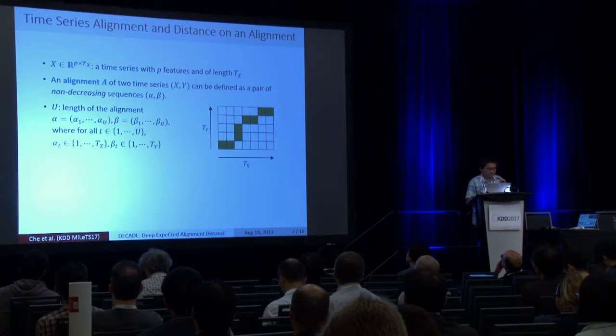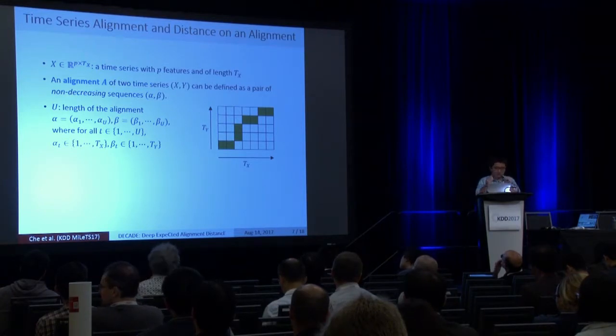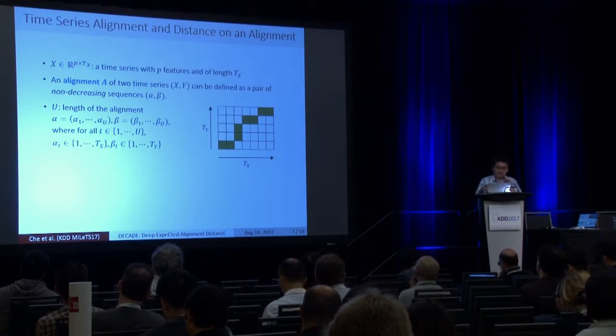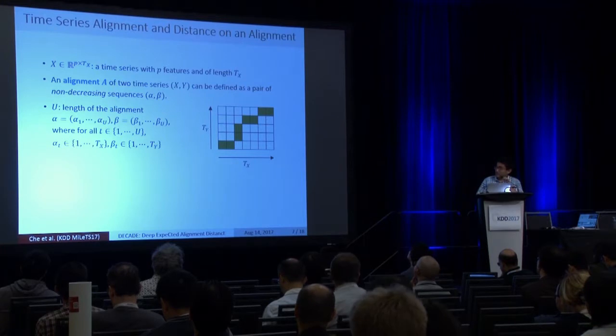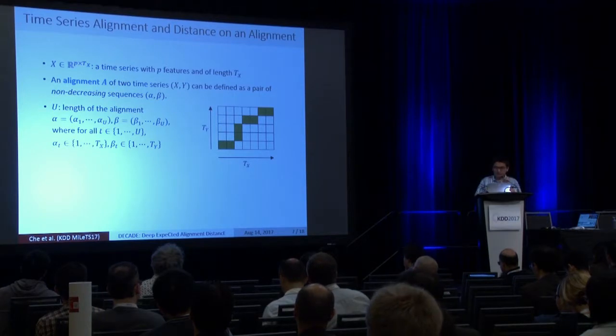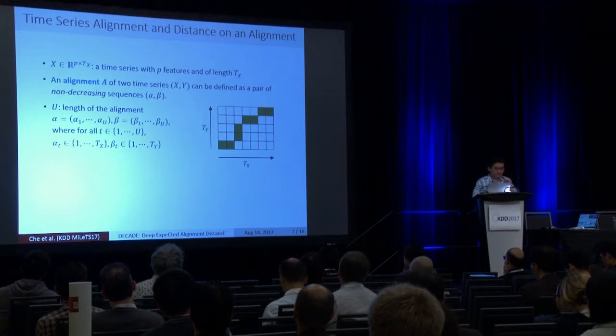So for example, if the two time series have lengths Tx and Ty, and U is the length of the alignment, every component of alpha and beta should be in the range from 1 to Tx and 1 to Ty.